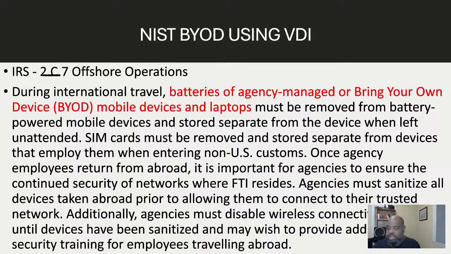Once agency employees return from abroad, it's important for the agency to ensure continued security of the network where the FTI resides or PI. Agency must sanitize all devices taken abroad prior to allowing them to connect to their trusted networks. Additionally, agency must disable wireless connectivity options until the device has been sanitized and may wish to provide additional security training for employees traveling abroad, right?